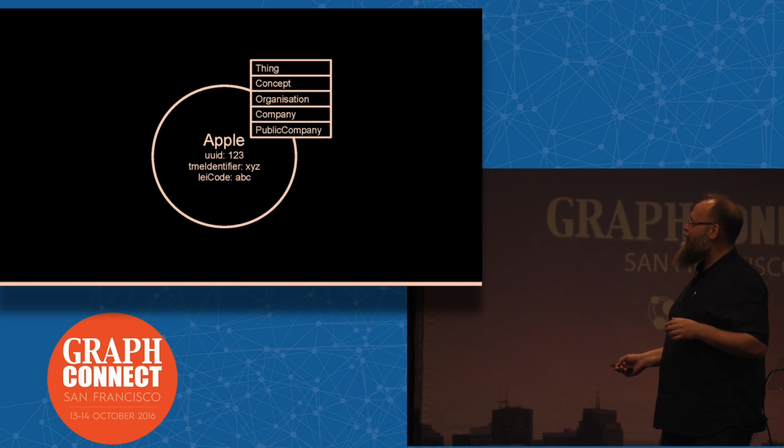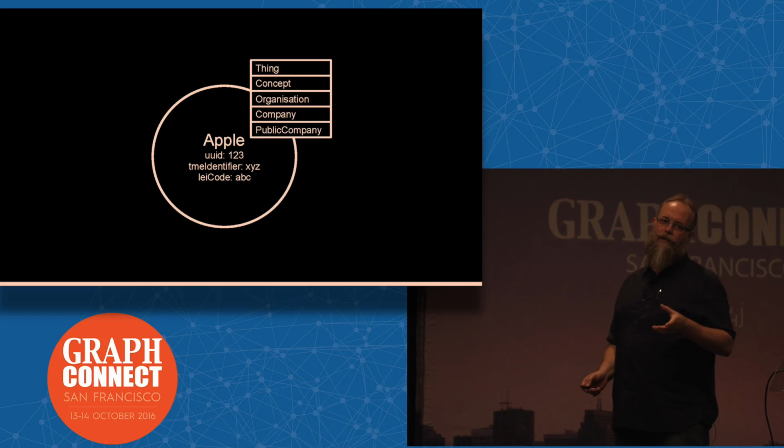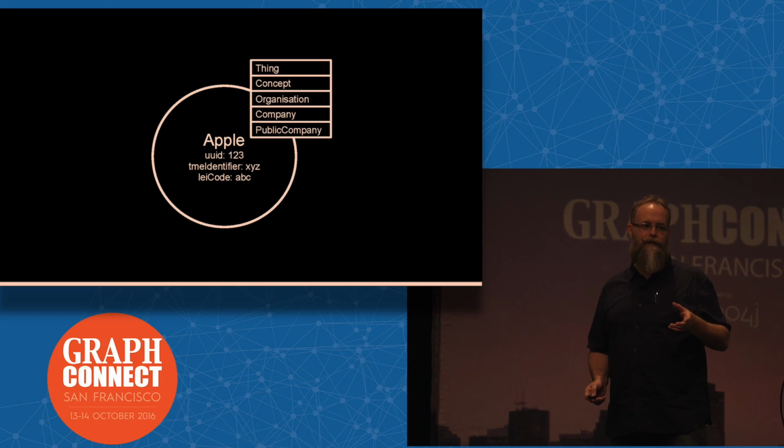We have our own identifier for it, but the data that we hold about the organization Apple is not the sole source of information. We take it from other systems as well. In fact, there is an LEI code associated with a lot of organizations, which is a code used to track financial transactions.